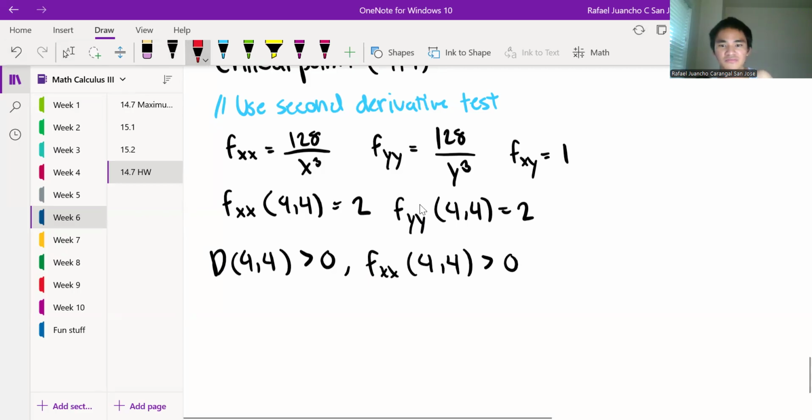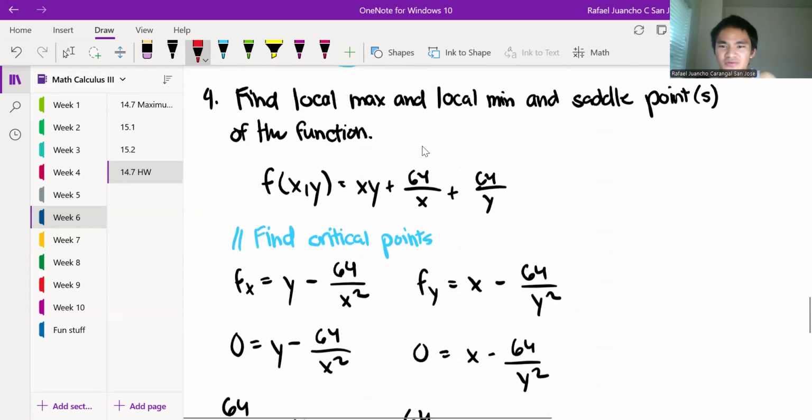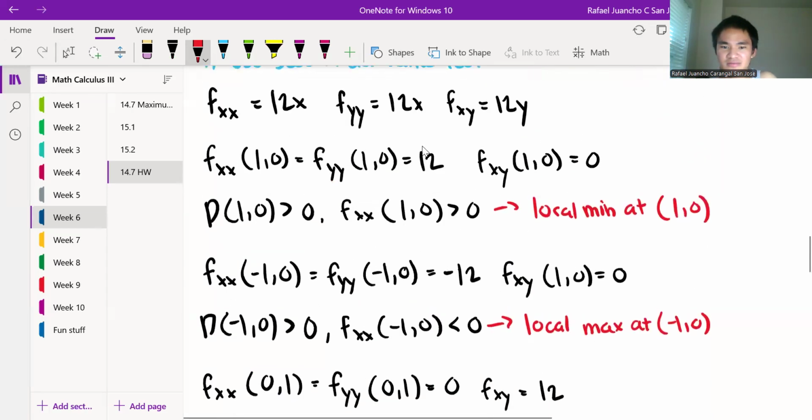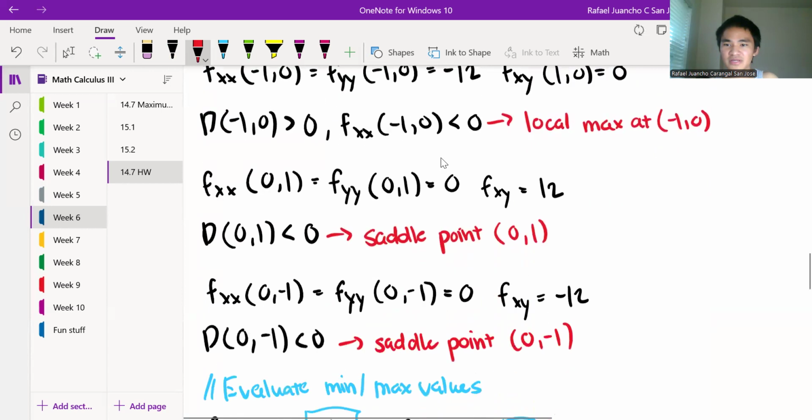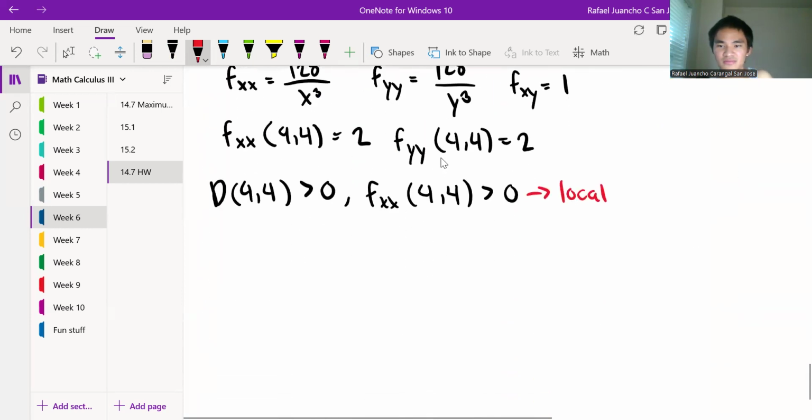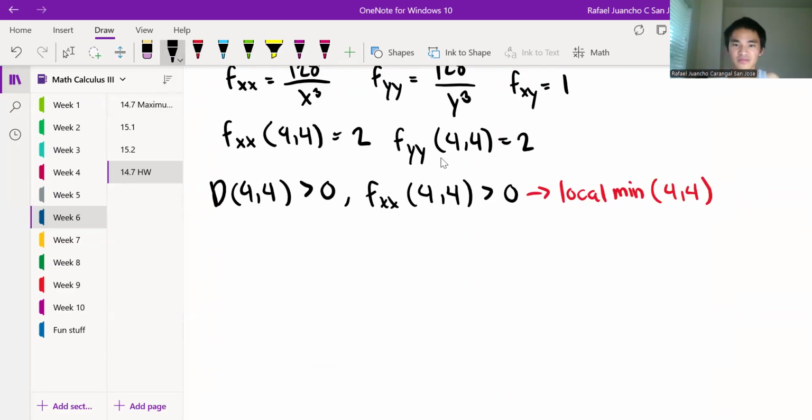And so, if they're both greater, I'm pretty sure I get a local max. Or no, local min. My bad. Yeah, if they're both greater, I get a local min. And this is specifically at that point. And there we have it. No saddle points, none of that.